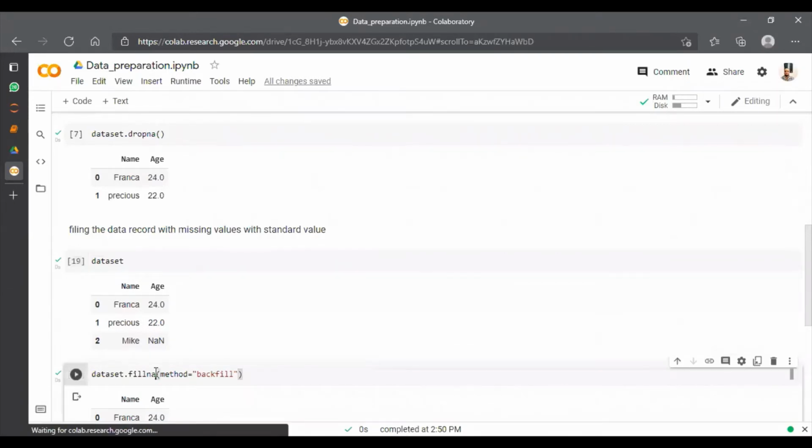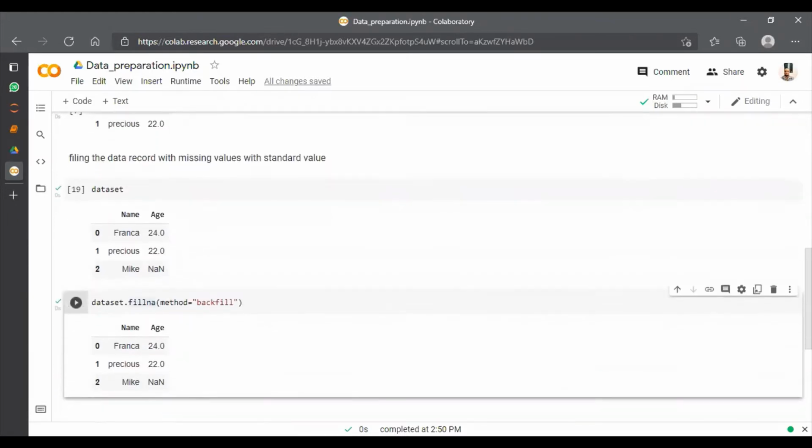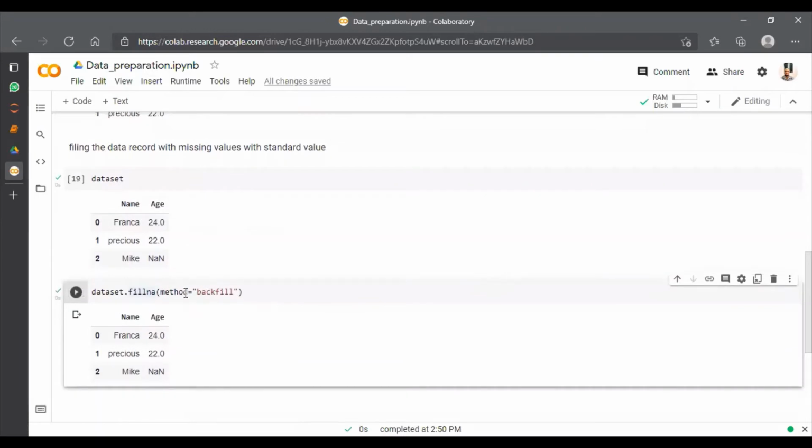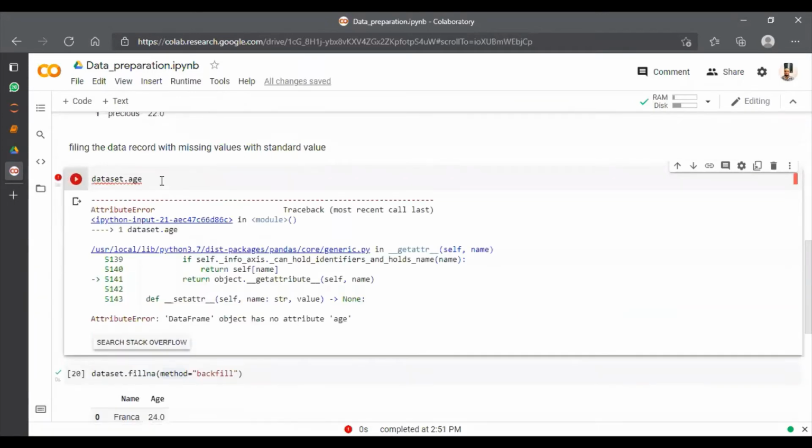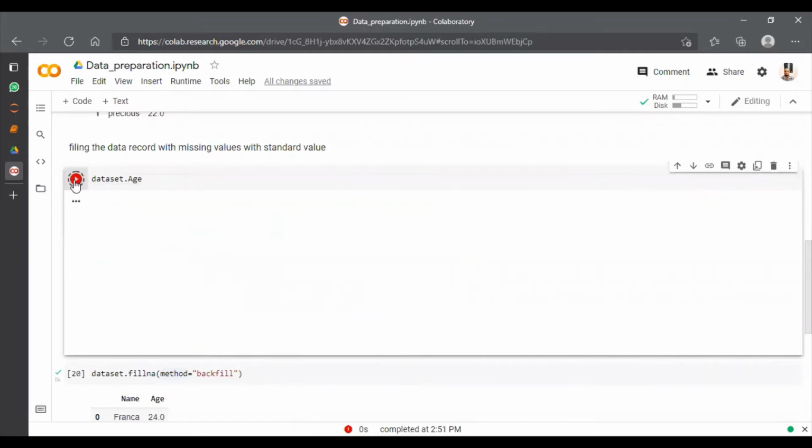But the standard way of doing it: dataset.age gives us the age attribute.